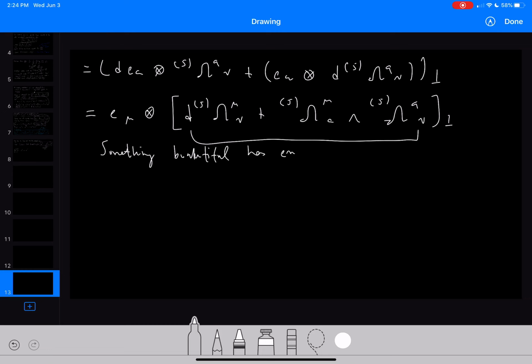If you once again recognize what this is from differential geometry, this is basically related to Cartan's second structural equation, right?